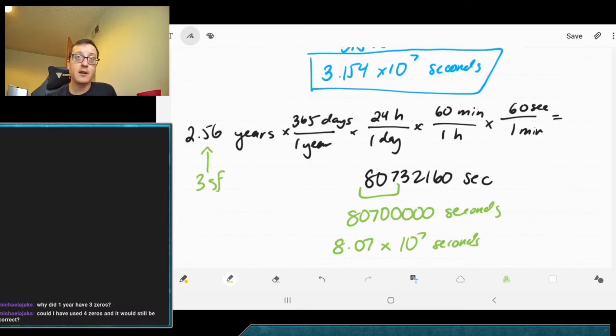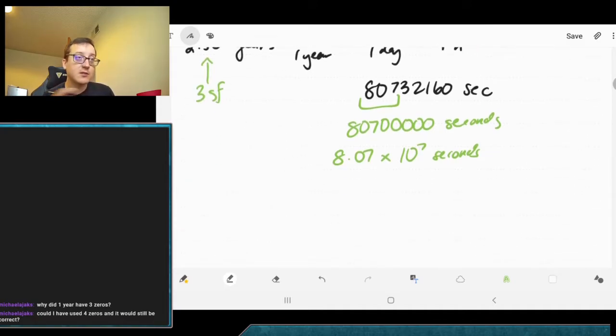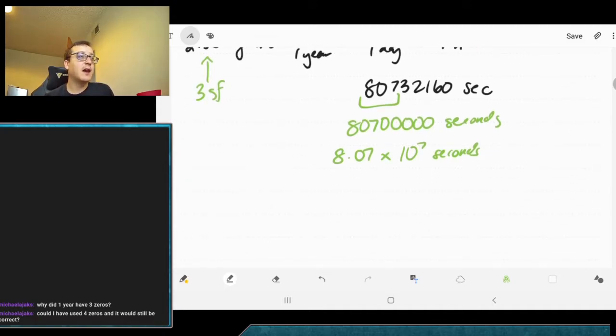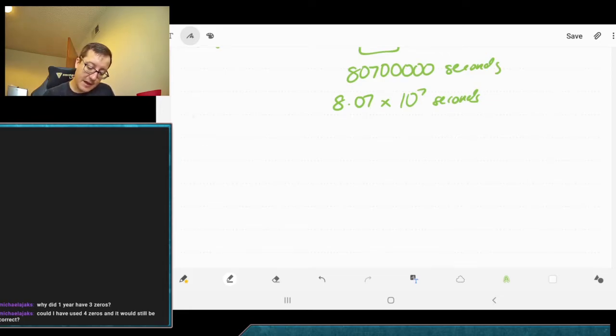All right, let's do another one. Let's get that going, and then we'll see if we've got some more questions on this process. Let's say I've measured my calculator with a ruler, and I get my calculator as, I don't know, 8.21, no, it's bigger than that, 18.21 centimeters.